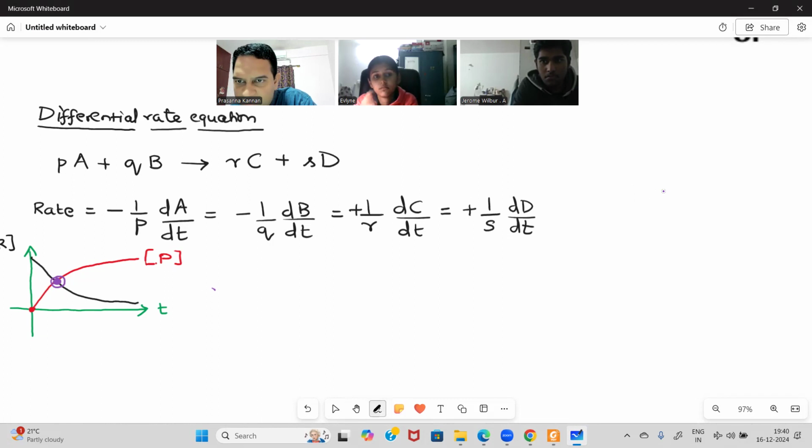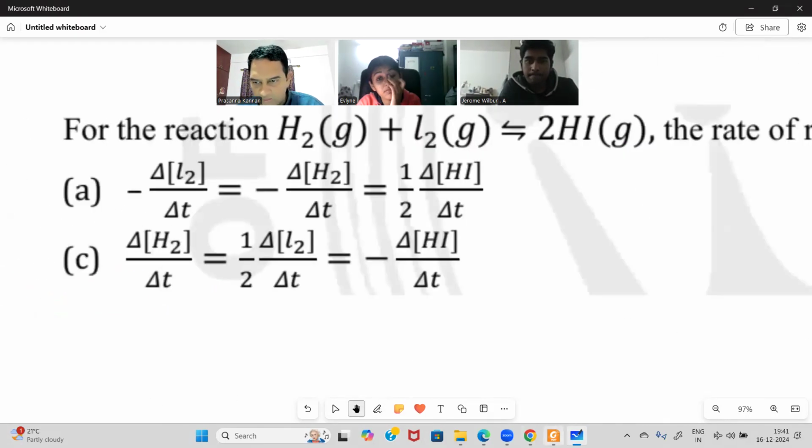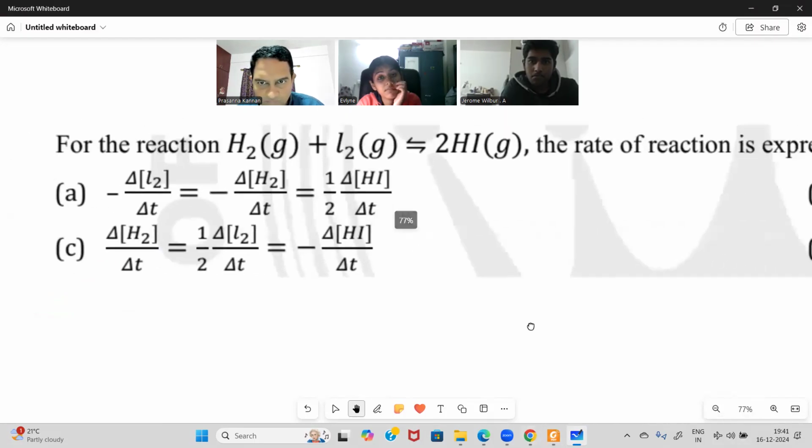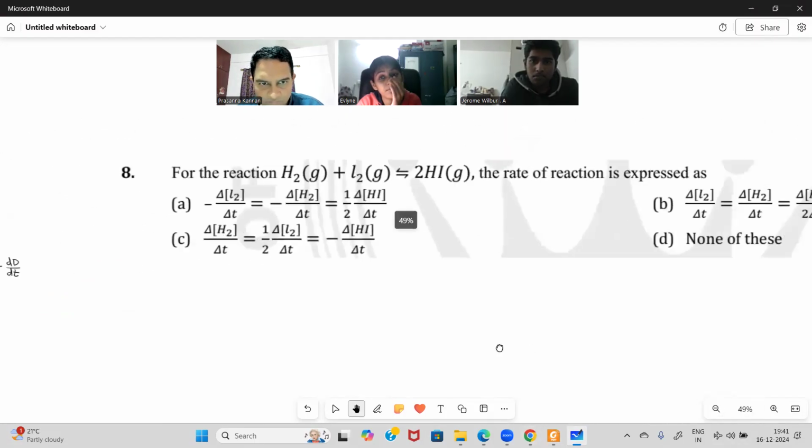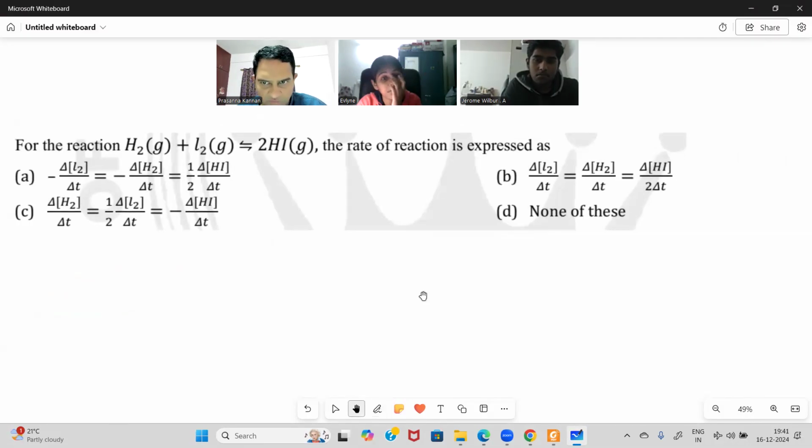If I'm going to look at the dependency of a particular reactant, let's take an example. Let's take this example itself. We have this reaction: 1 mole of hydrogen combining with 1 mole of iodine to form 2 moles of HI, correct?